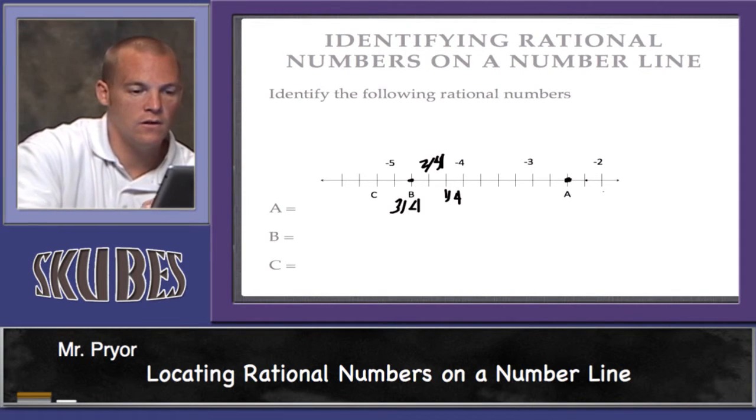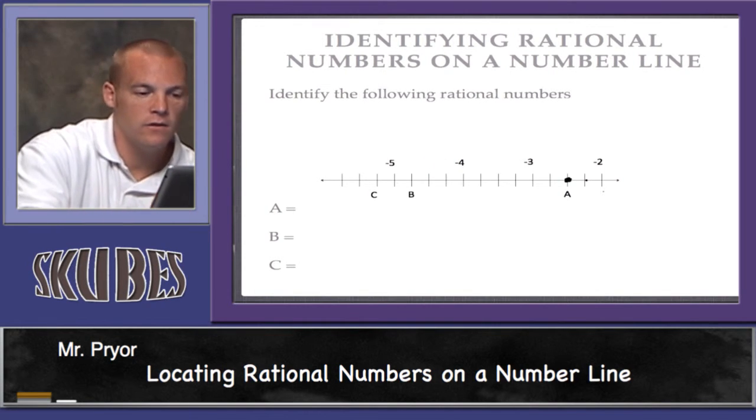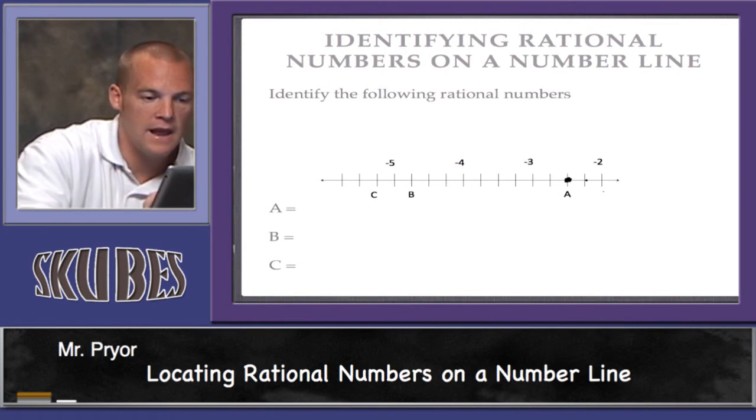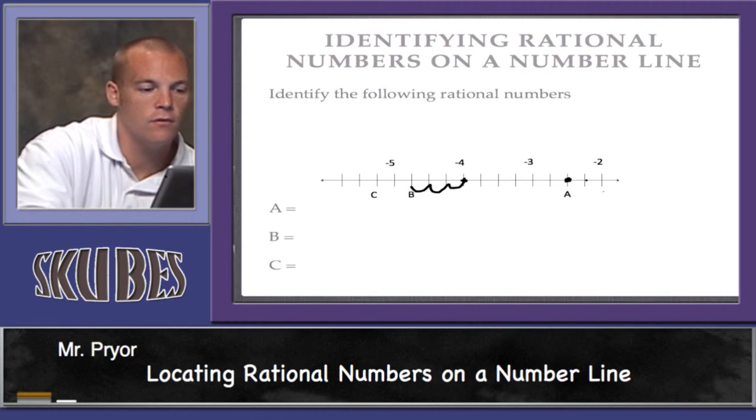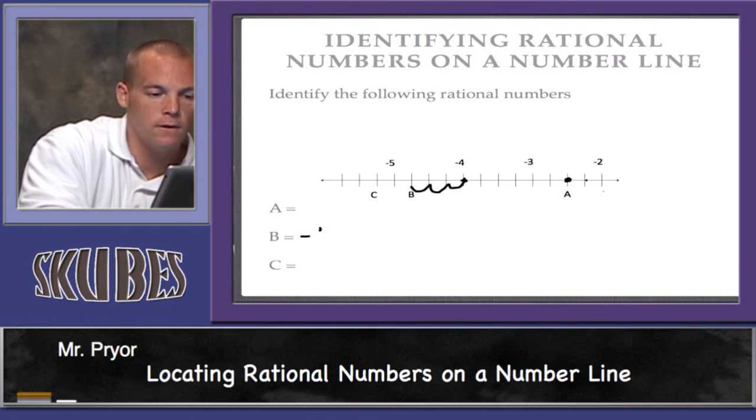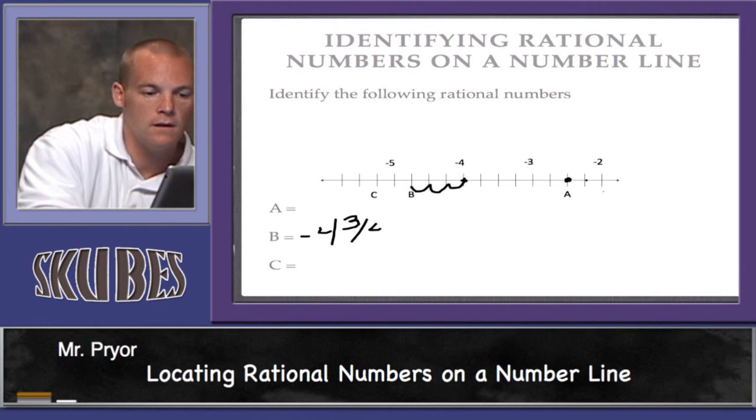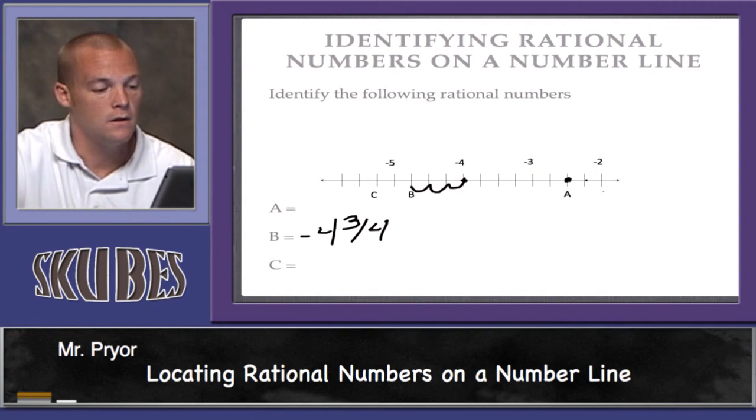Okay, so it's good to just make sure you count that out and be sure of it before you write it out. So our point here is going to be at -4, because we're all the way out to -4, and then 1, 2, 3/4. So -4 and 3/4, just like that.